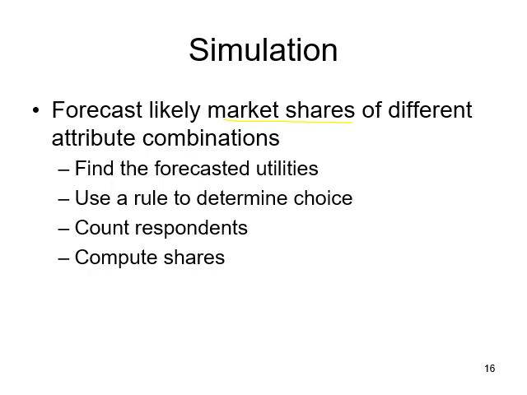This is something that you can collect at the same time that you're doing the study on your own products, the new product in this case, just so that you can predict what the forecast will be for the market share.